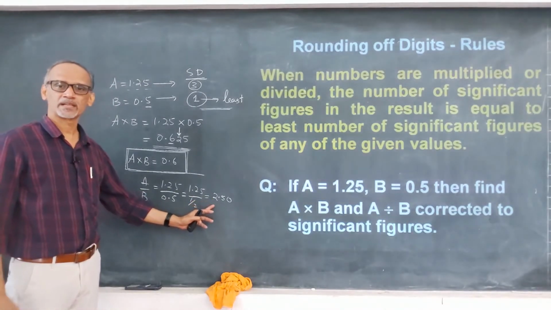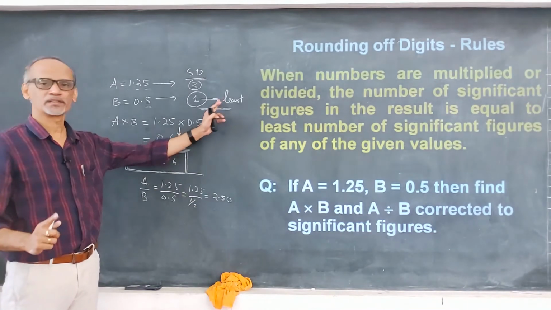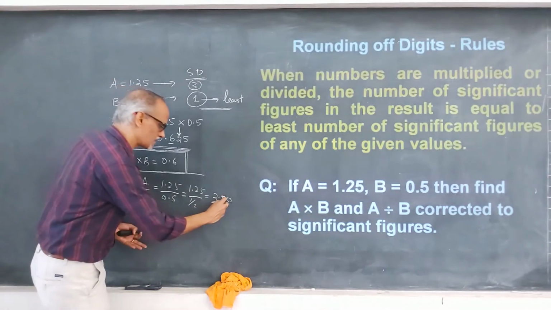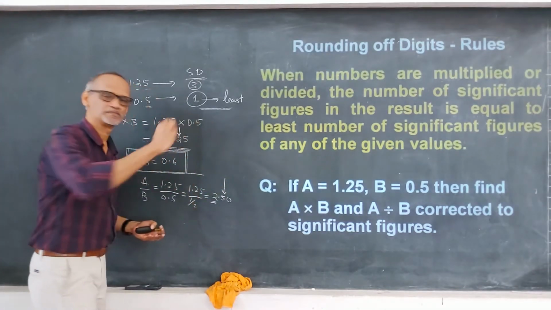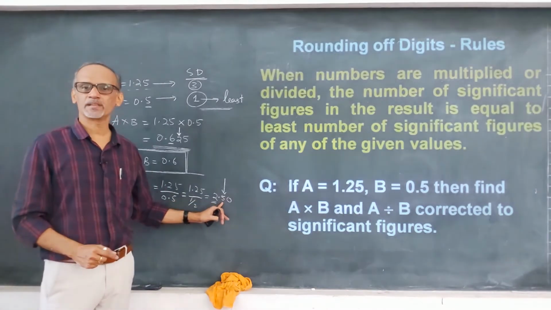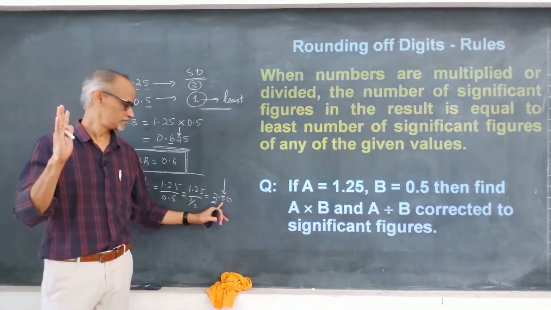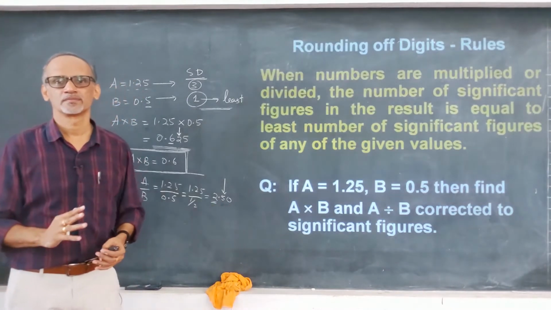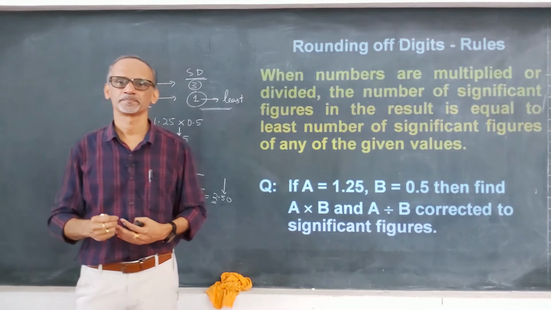In the final answer, there has to be only one significant digit, right? According to the rule, that means I have to maintain only this. So that means this is the digit to be dropped. Time to recall the rule. The digit to be dropped is equal to 5, followed by only 0. The last rule, the fourth rule.